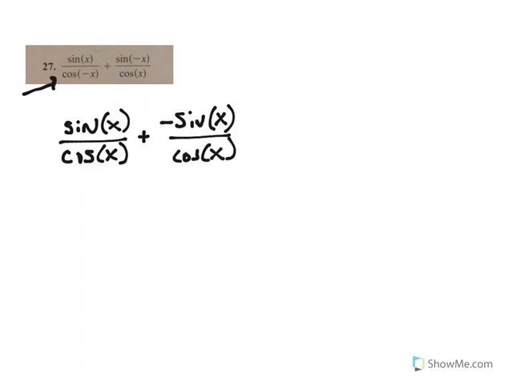And now we have common denominators. Notice we have a denominator of cosine and another denominator of cosine. To add fractions, you always need common denominators, so we do have a common denominator.